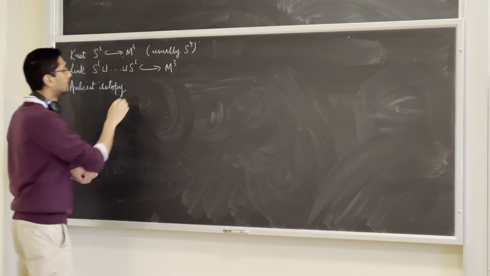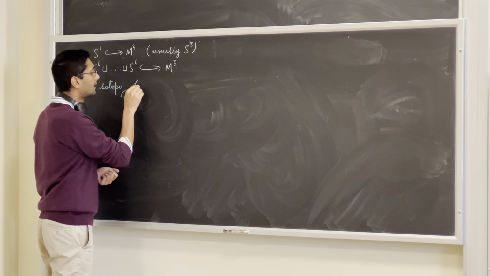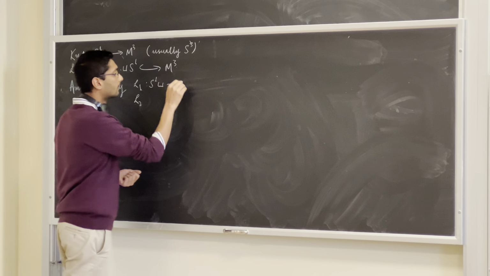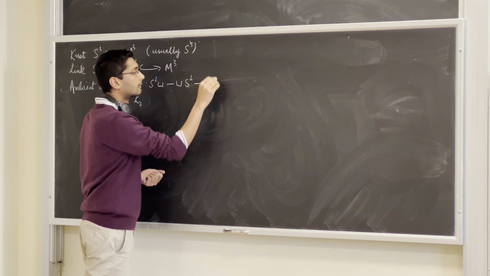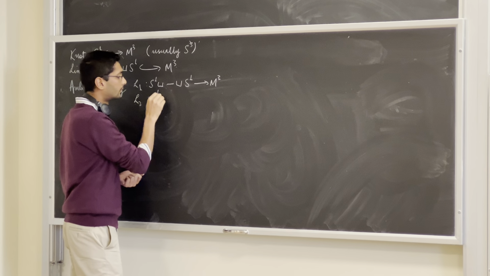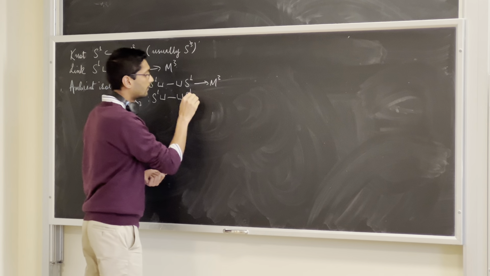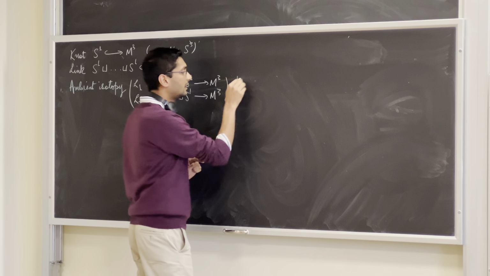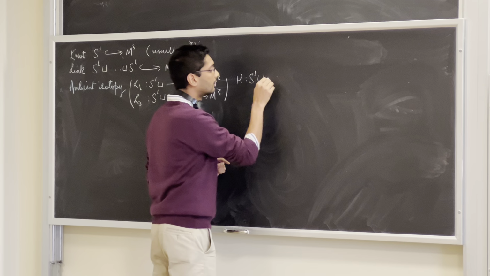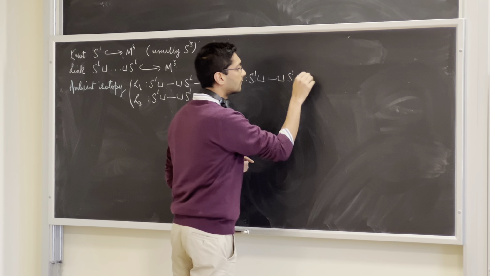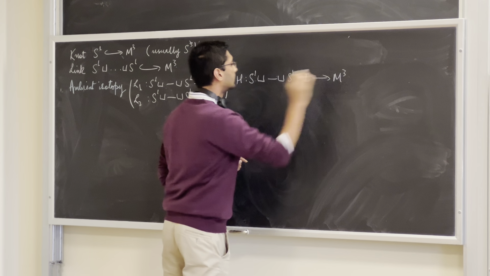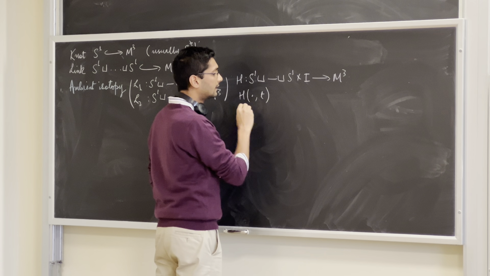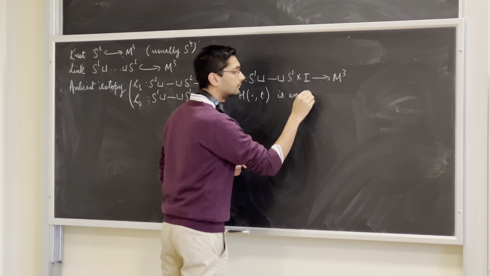And what this means is that given two links, call them L1 and L2, there is a homotopy such that at each point of the homotopy, this is an embedding.